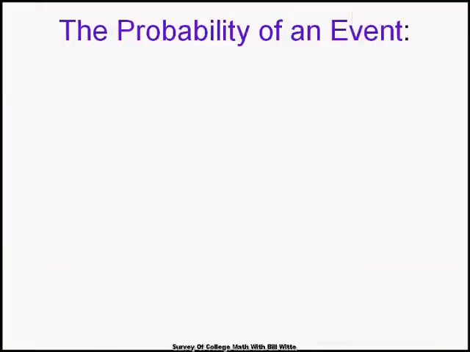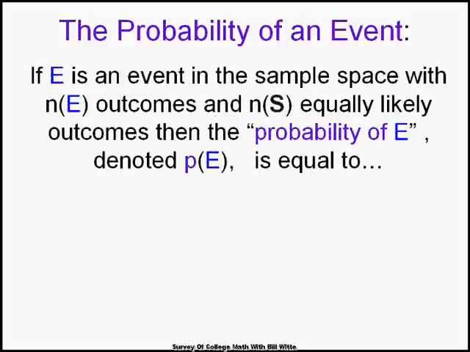So, in general, if you think about what we just did, the probability of something happening, the probability of an event, we'll say it's event E. If E is an event in a sample space, we'll talk about that in a second, with N of E. Remember what N of E is? The number of members of a set E. So it has the number of outcomes, and N of S is the number of outcomes in the sample space, which means the number of equally likely outcomes.